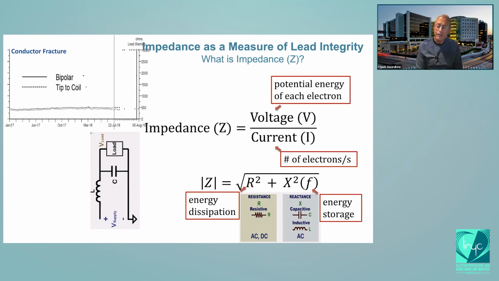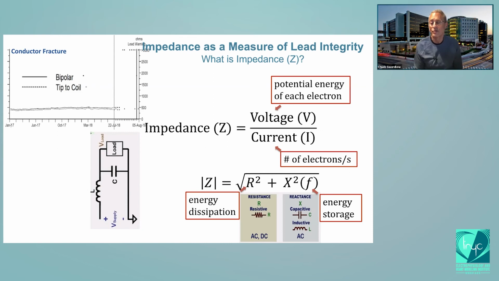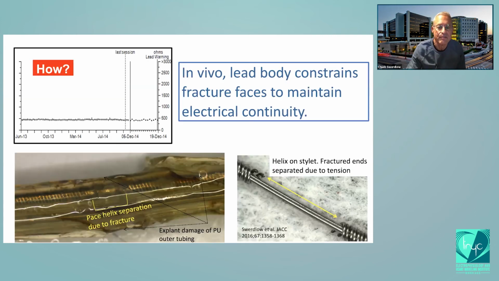So impedance can relate either to energy storage, and in MRI circuits, we store energy in inductors, either electrical or mechanical energy stored while we're storing energy in a circuit, or it can relate to energy being dissipated. But for the most part, in leads, we're going to just talk about energy dissipation and resistance.